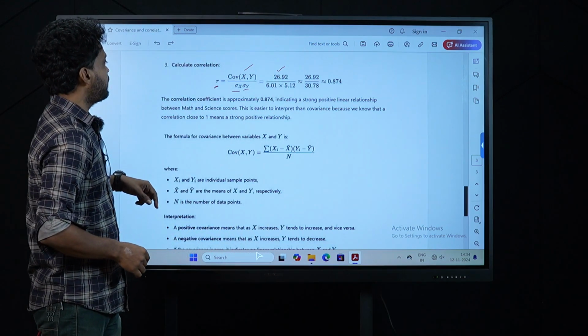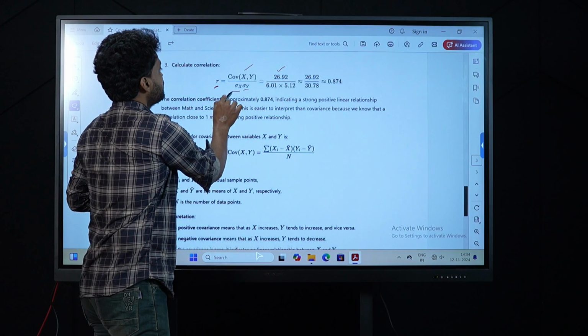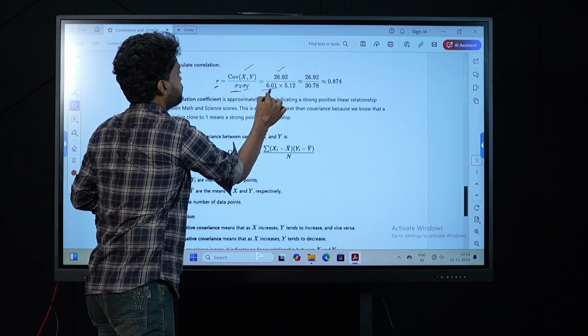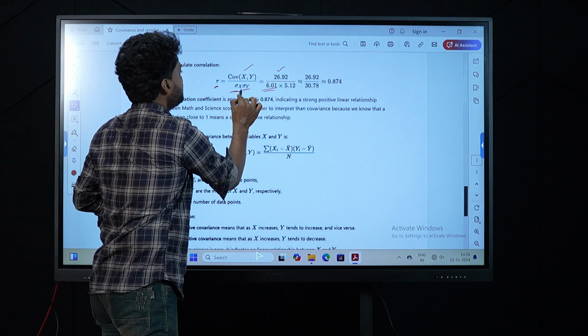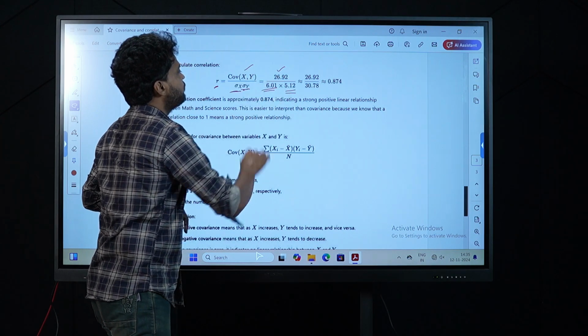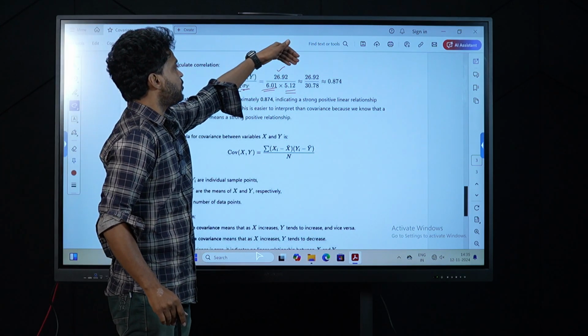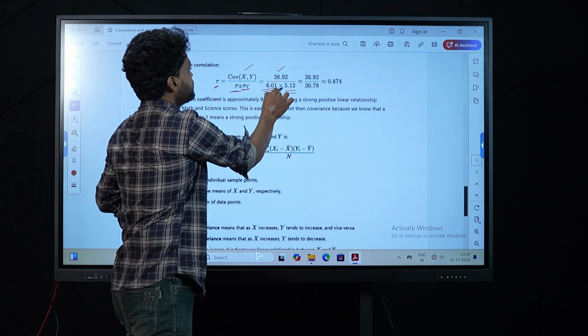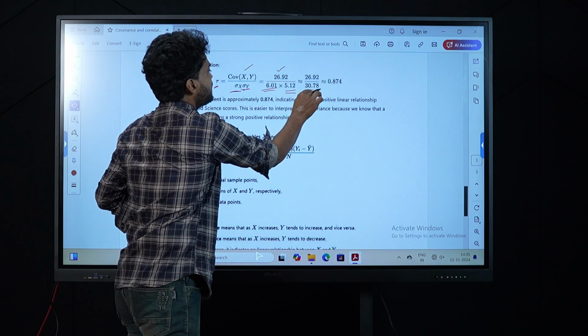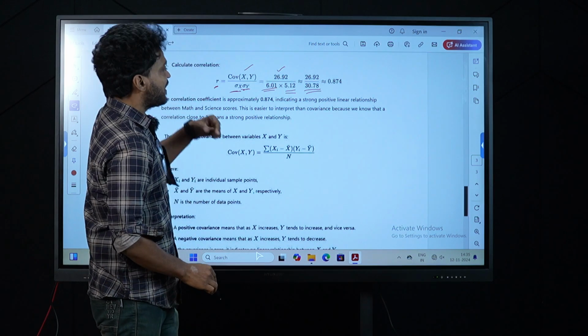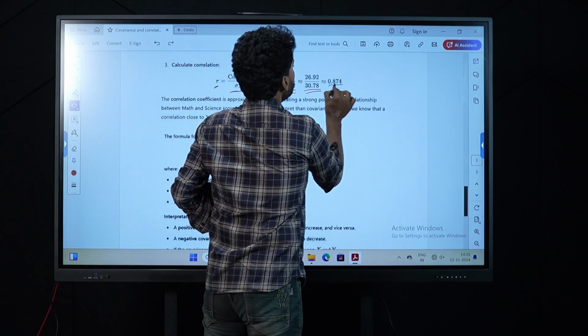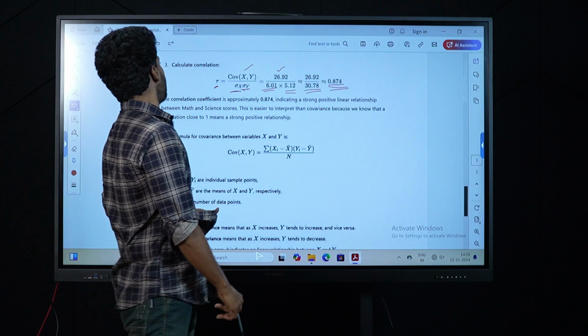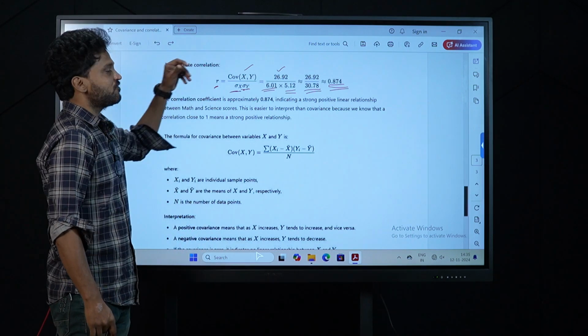It should be divided by standard deviation of x, which is 6.01, into standard deviation of y, which is 5.12. So 26.92 divided by 6.01 into 5.12, which is 30.78, gives 0.874. 0.874 is the measure of the correlation.